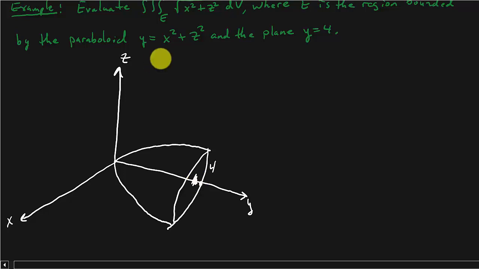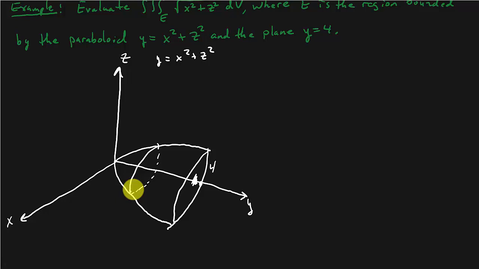All right. And this is y equals x squared plus z squared. That's this graph right here. And it's a paraboloid. Okay. I want to make it look a little more three-dimensional. All right. So how do we want to integrate this thing? What do we want to integrate with respect to first?